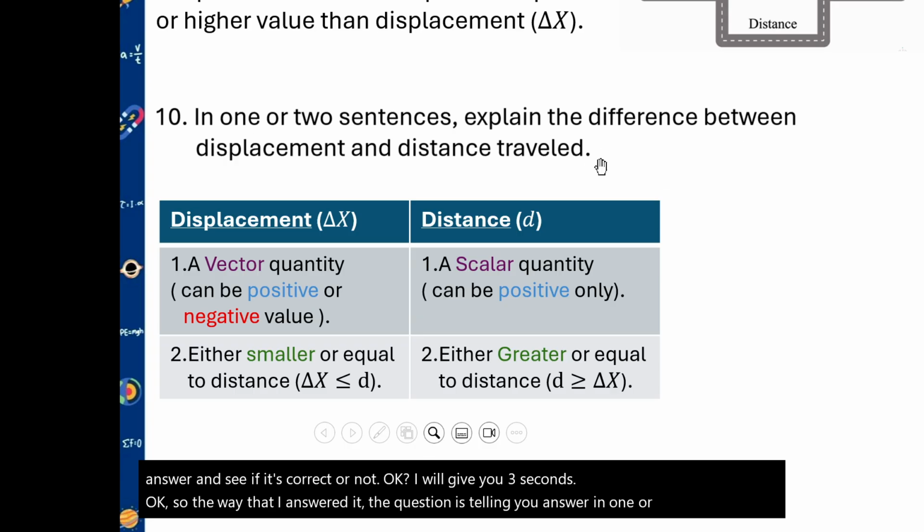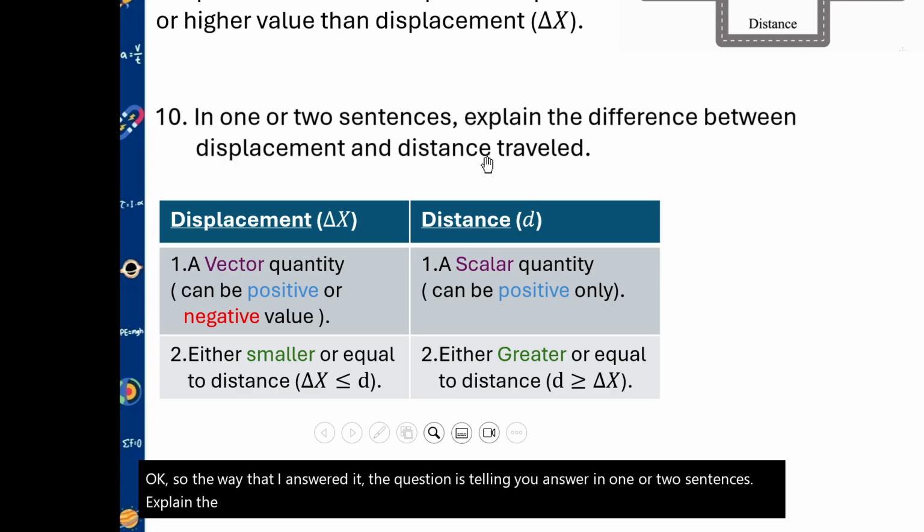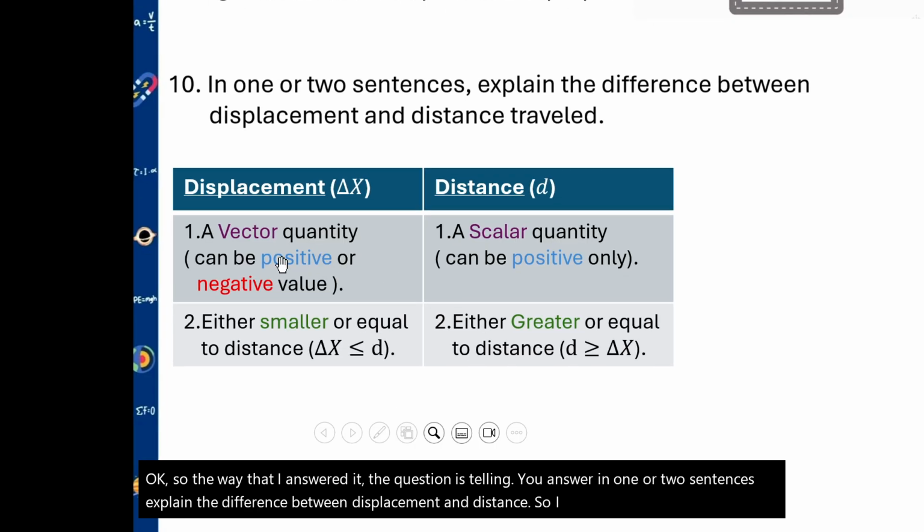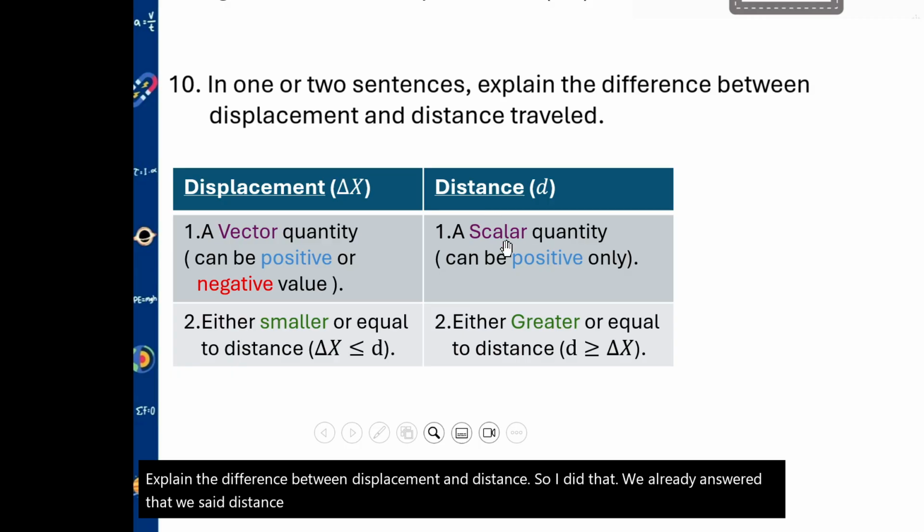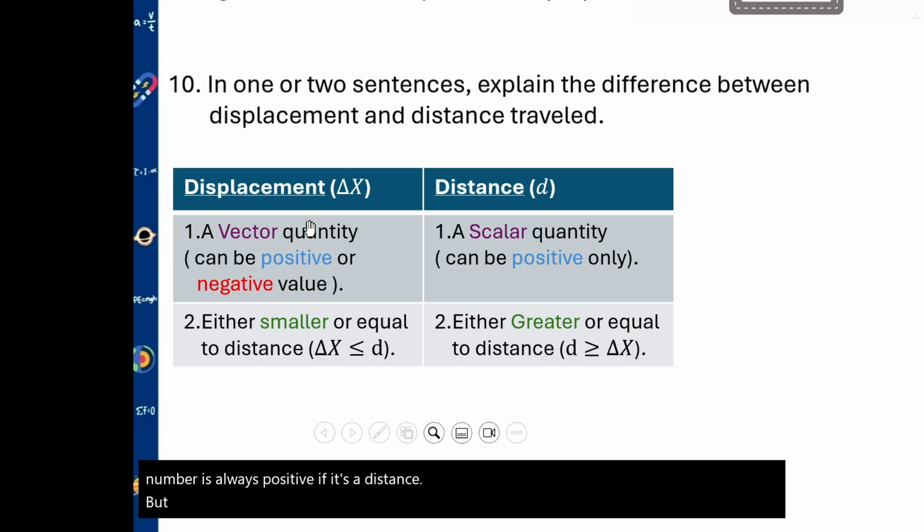Okay, so the way that I answered it, the question is telling you answer in 1 or 2 sentences, explain the difference between displacement and distance. So I did that. We already answered that. We said distance is a scalar value which has only a magnitude, and this magnitude, a number, is always positive if it's a distance. But for displacement, it's a vector quantity, which means it has both magnitude and direction.